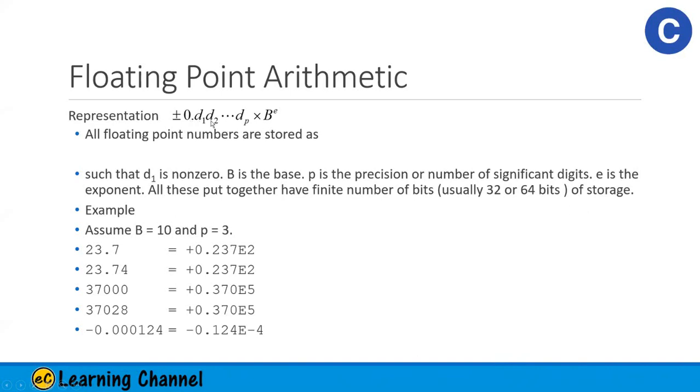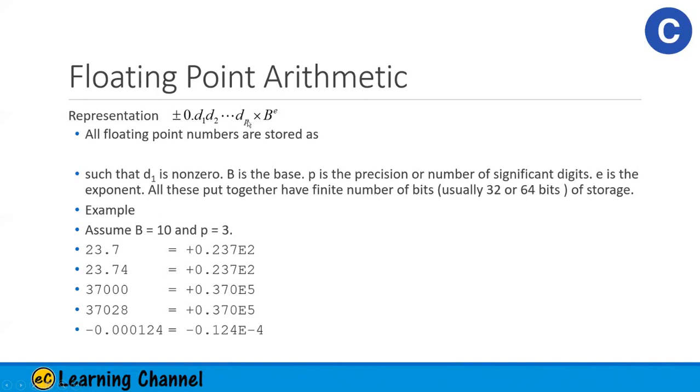You have 0 dot digit, and then times base times exponents. So actually, if you have 0.2 something e to the power 2 base 10, okay, that's the floating point arithmetic. So that's actually, you have this different representation.